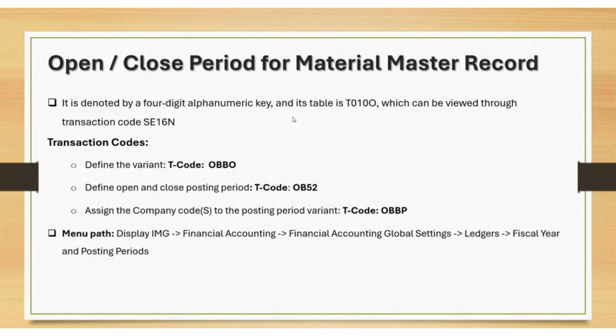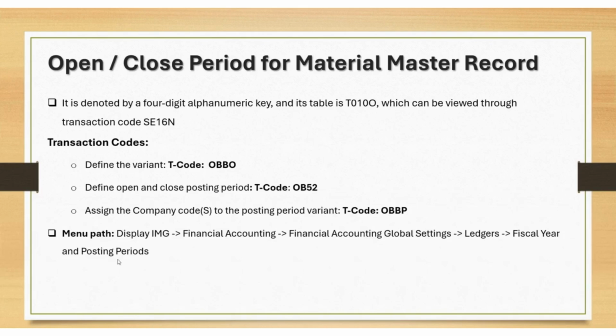Its transaction codes are: to define the variant, the transaction code is OBBO. To define the open and closed periods for the variant, the transaction code is OB52. And then you have to assign the company code, or if you have several company codes, to the posting period variant using the transaction code OBBP.